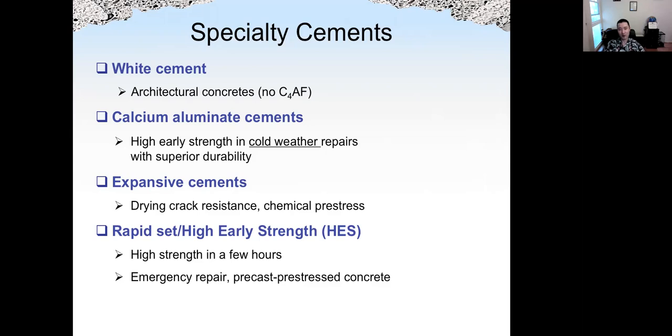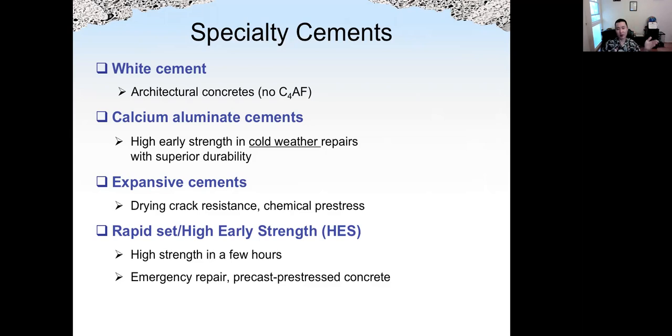We could also have expansive cement for situations when the concrete may have shrinkage cracking. Concrete with expansive cement will increase a little bit in volume. We could also have rapid set cement or high early strength cement.